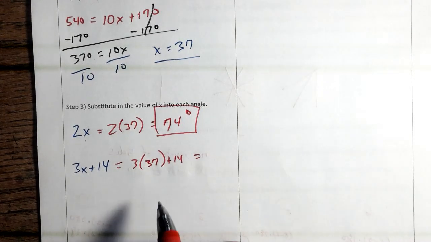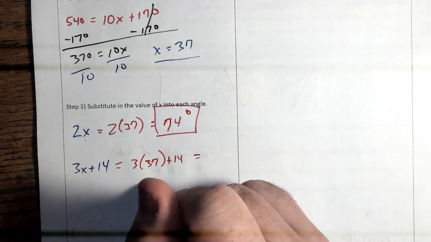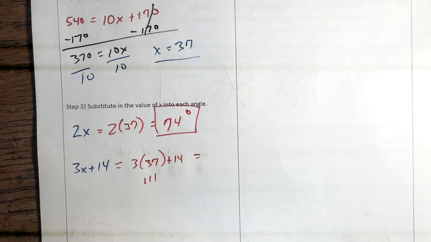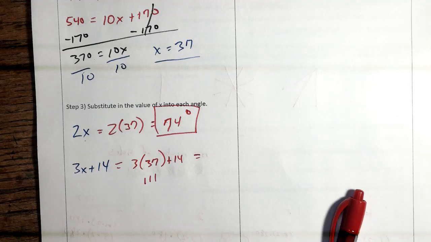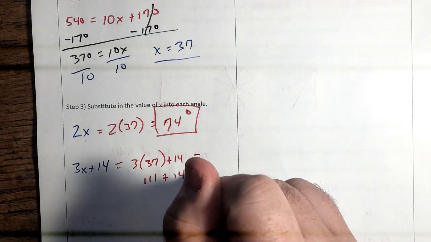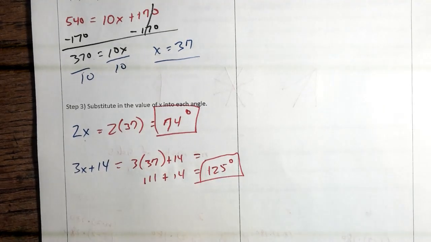Let me just check my math. 3 times 37 is 111. Plus 14, 111 plus 14 is 125. So those other two angles were 125 degrees.